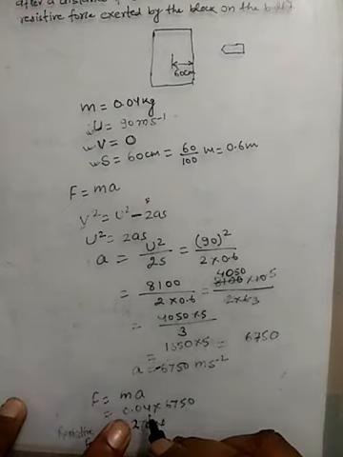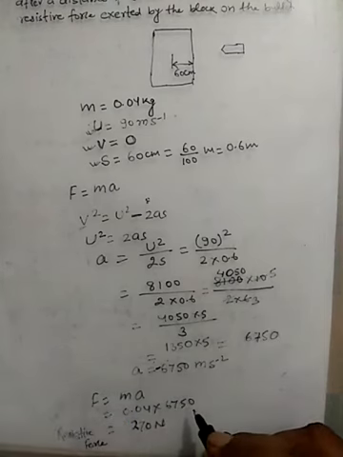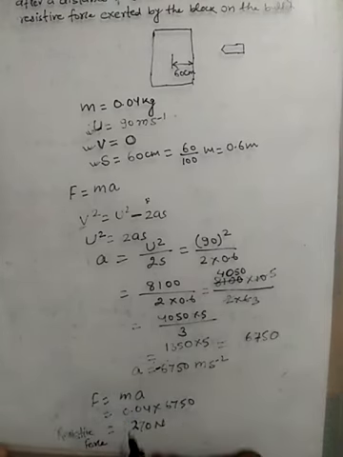Mass is 0.04 kg and deceleration is 6750 meter per second square. Finally we got that the resistive force will be equal to 270 Newton. That's all. Thank you.